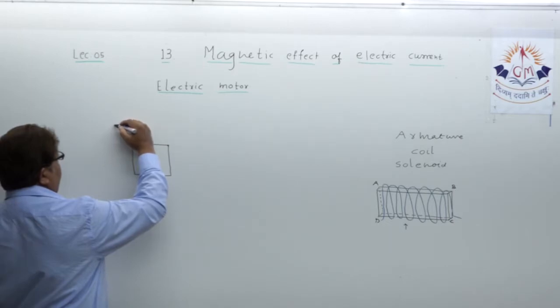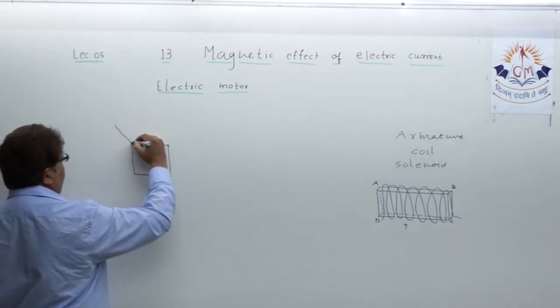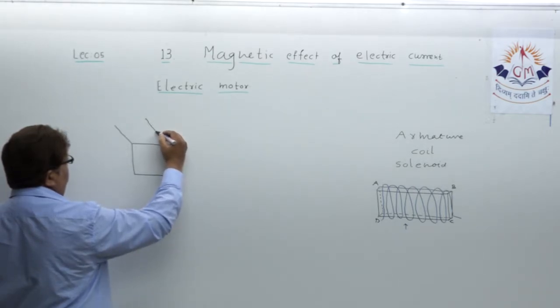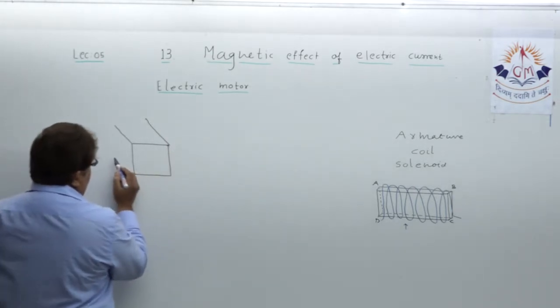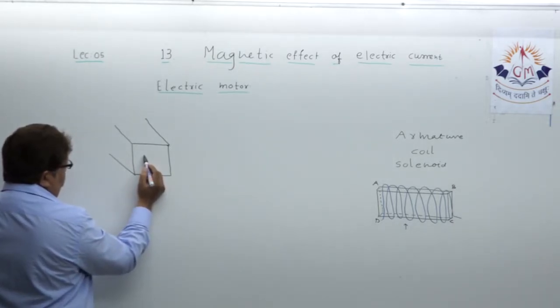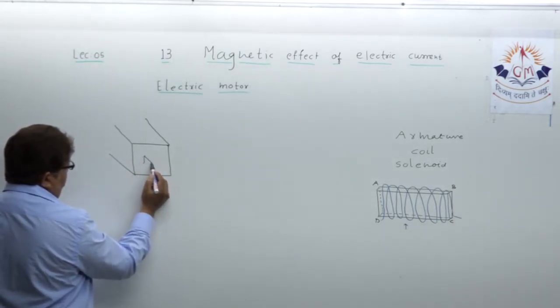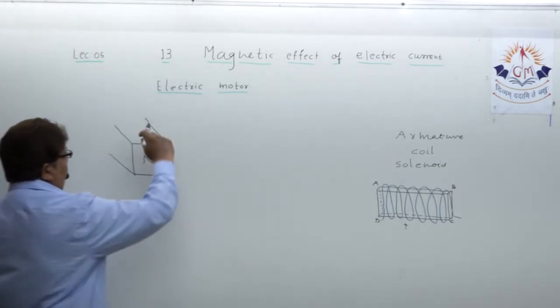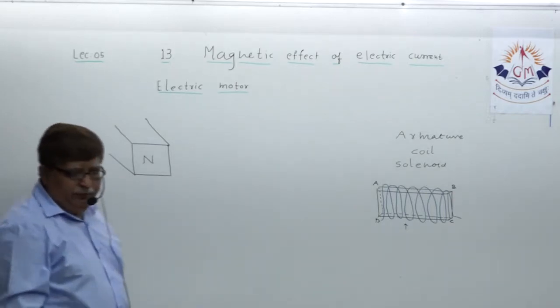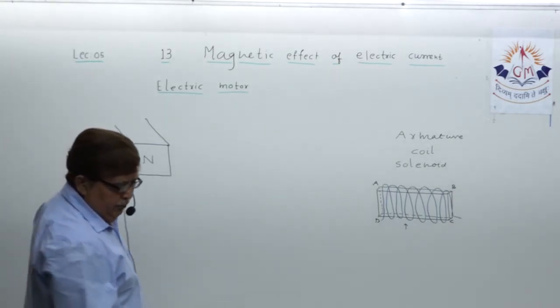This is one pole of a horseshoe magnet. Okay, right? Suppose this is the north pole of the horseshoe magnet, which is actually this way. We are just trying to understand the north pole.